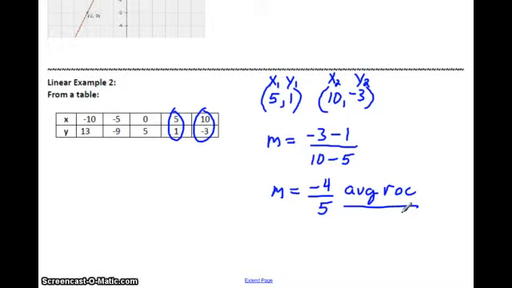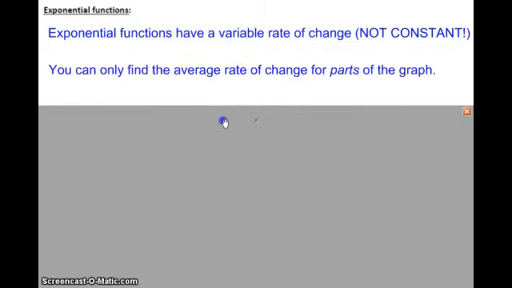Now let's get to the exponential functions. Exponential functions have a variable rate of change. We saw that in the work we've done with exponential functions.